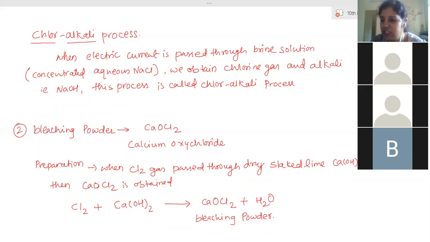Therefore, the bleaching process is a reaction with chlorine: colored pigments react with chlorine and get converted into some other form. The color is gone, vanished. That is what we call decolorization. Decolorization happens due to the reaction with chlorine, and that is the process of bleaching.